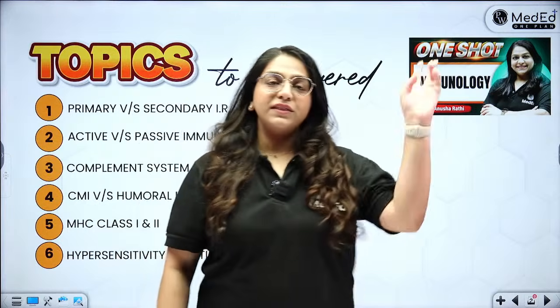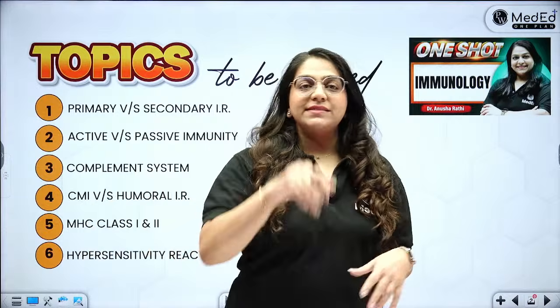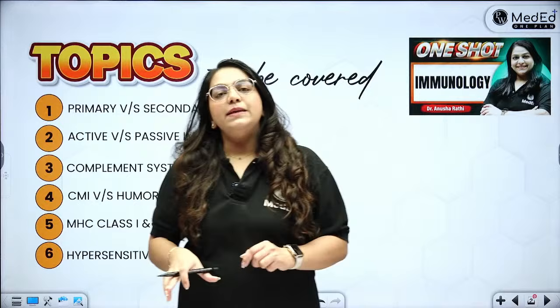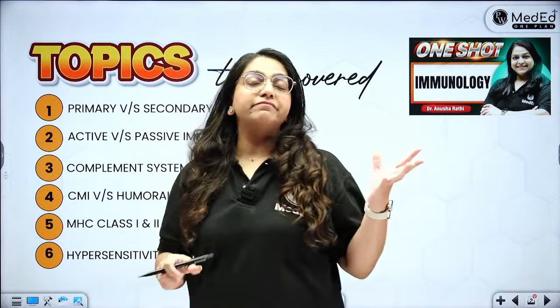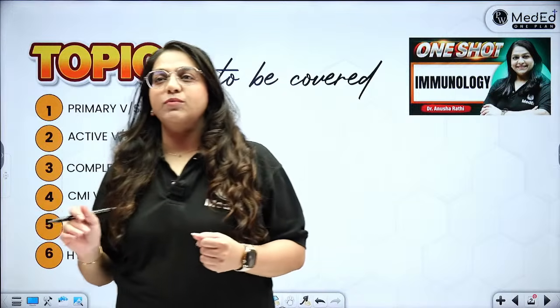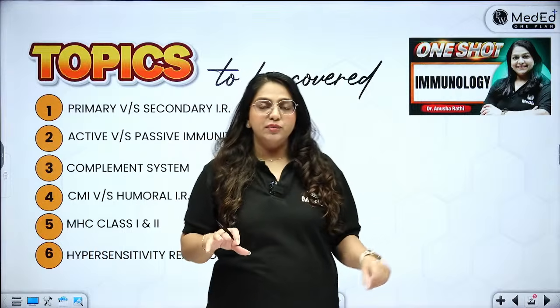All of that is covered in the one shot. Immunoglobulins or antibodies, types of antibodies, the GAMDE, 5 types of antibodies, basic structure and diagram of an antibody. Then what are the functions of the different 5 classes or isotypes of antibodies. All of that is also discussed in this lecture on the one shot in immunology.